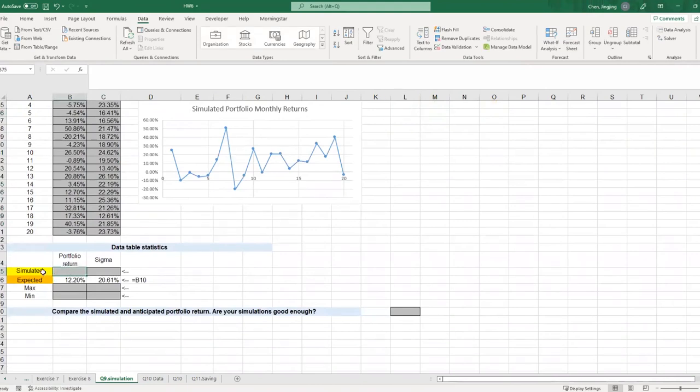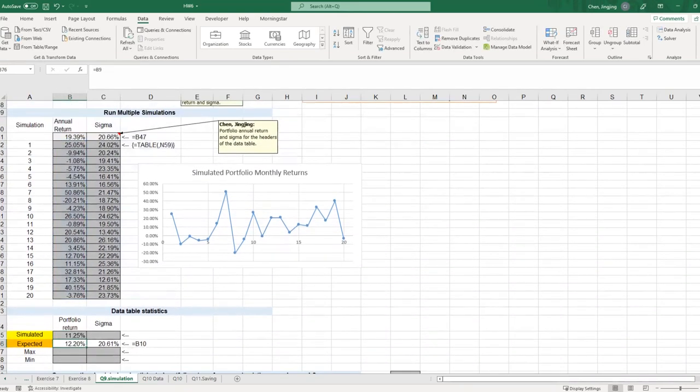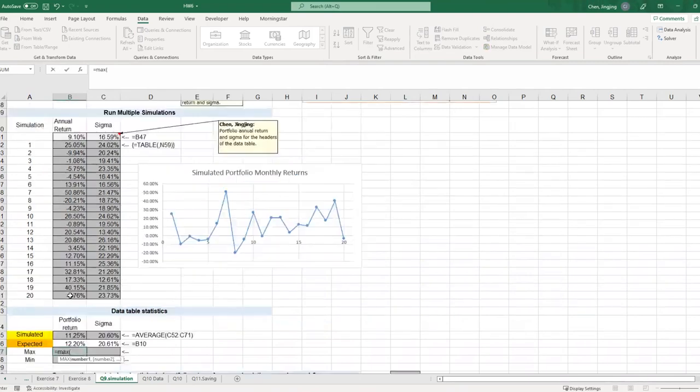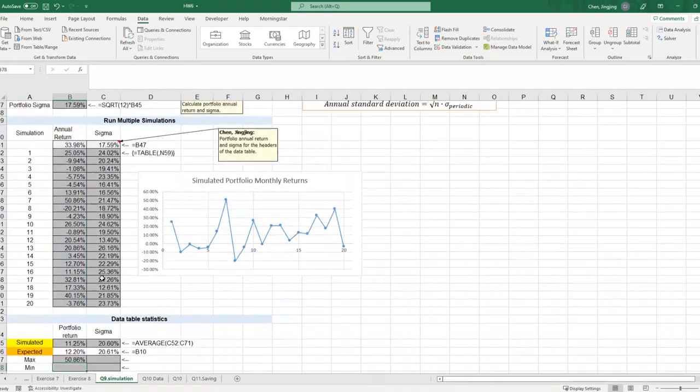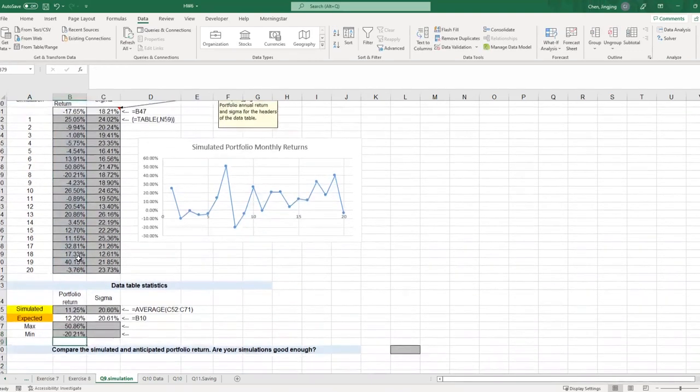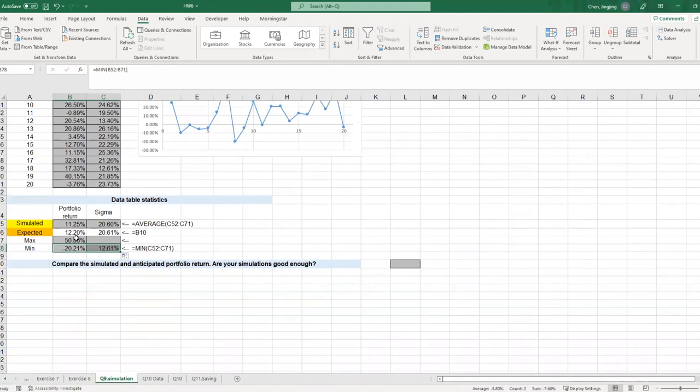I want to compare our simulated return with the true return and the true sigma. The max is the maximum portfolio return based on our simulation, and the mean and minimum are also shown.